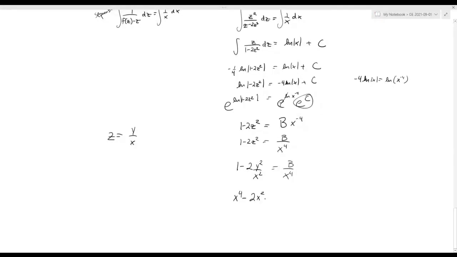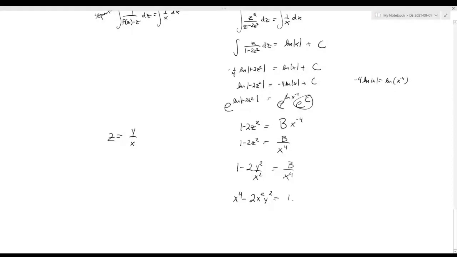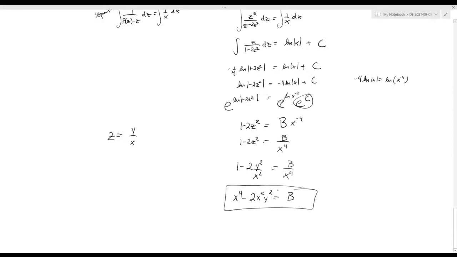For aesthetic reasons, really. So this is a family of curves that implicitly solve the differential equation. And if we had an initial condition, we can solve for that constant b.